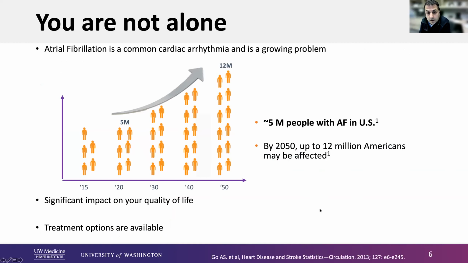Now, this is a very common condition. And right now, the estimated number of patients who have atrial fibrillation in the United States is about 5 million. And as we go forward in time, the estimation is for more and more people to be diagnosed and to continue living with atrial fibrillation.